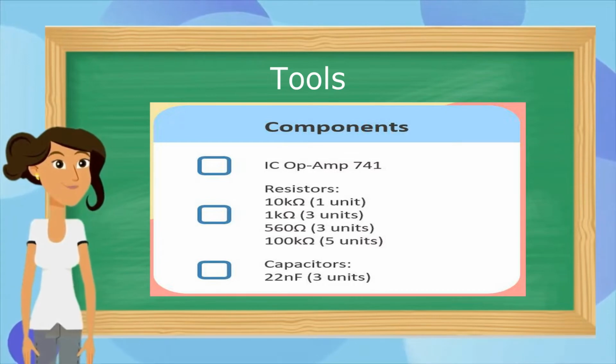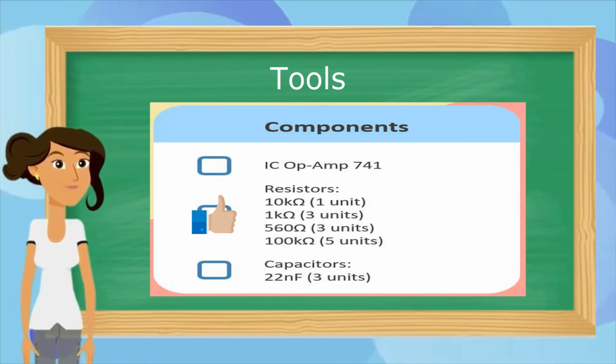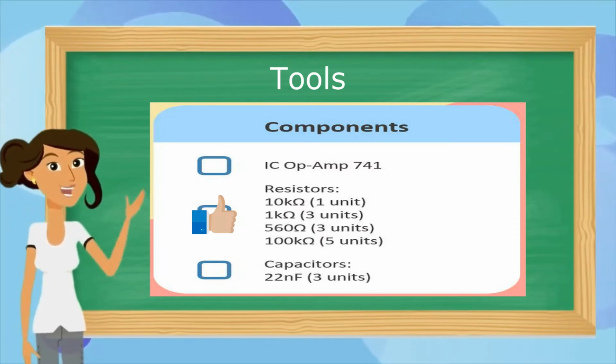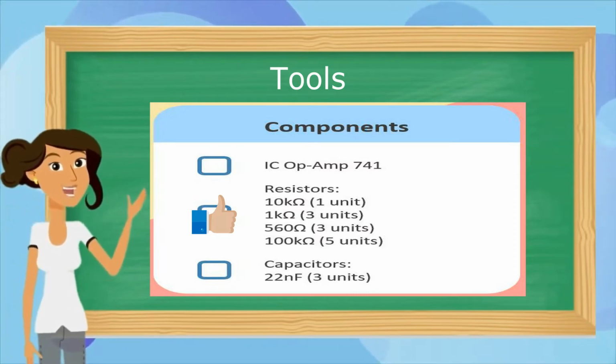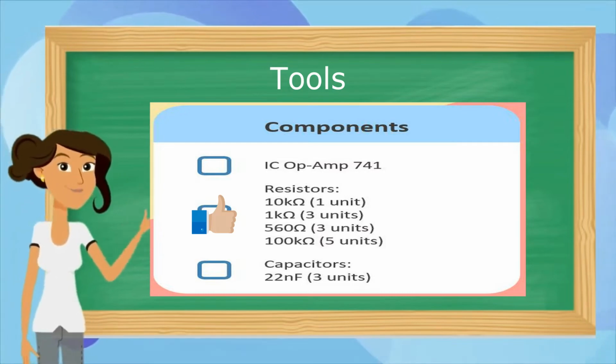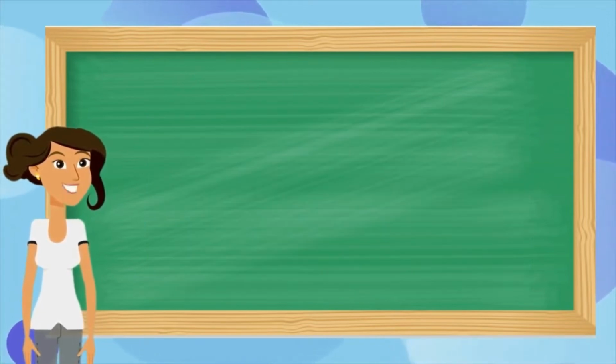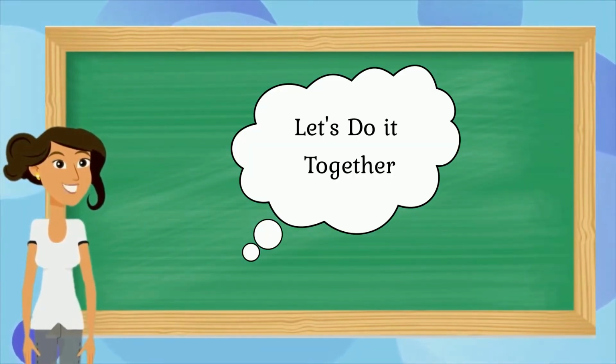For the components, we are using IC OM741, resistors 10 kilo ohm 1 unit, 1 kilo ohm 3 units, 560 ohm 3 units and 100 kilo ohm 5 units. And we are also using capacitors that are 22 nanofarad 3 units. Alright, let's do this experiment together.